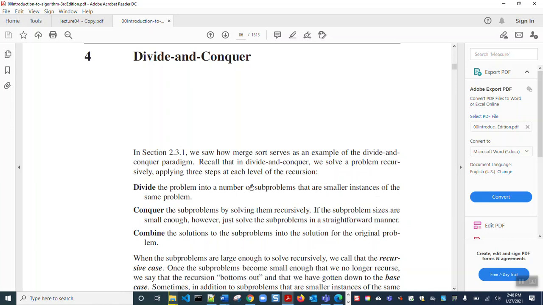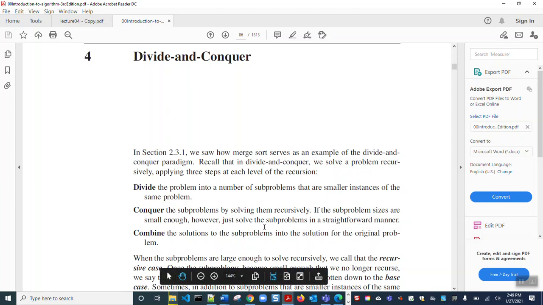So we divide and divide again until we find a substantially small amount that is easy to solve. Then the last part is combine. Combine means combining the solutions that we found from the conquer part for the subproblems and merging them. Then you will get the solution for the entire problem.